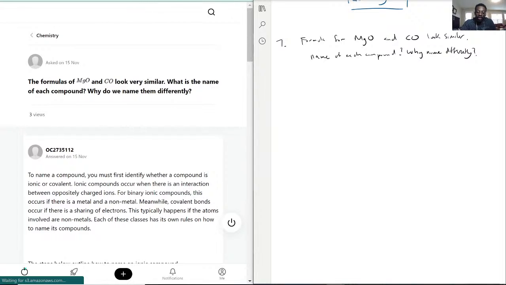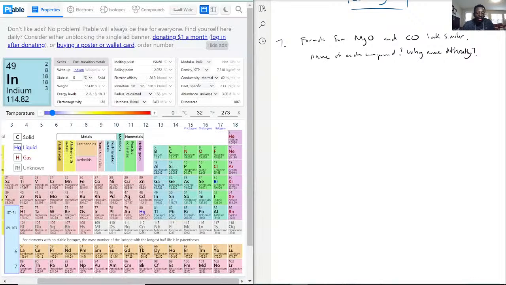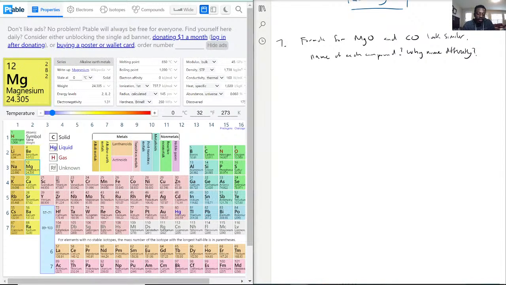Okay, so for this, we're actually going to approach the second question first, why we name them differently. Let's look at what MgO consists of. We have magnesium and oxygen. CO, we have carbon and oxygen.